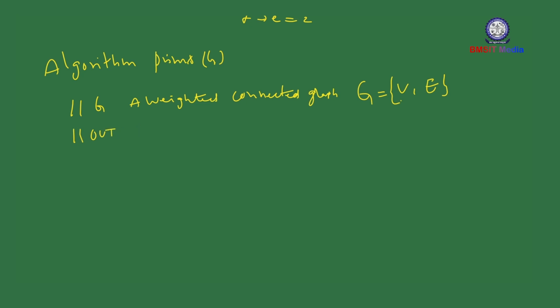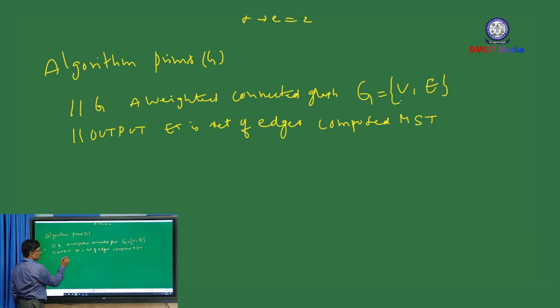Next, output is ET, the set of edges composed of a minimum spanning tree. Now initially you take the vertices.